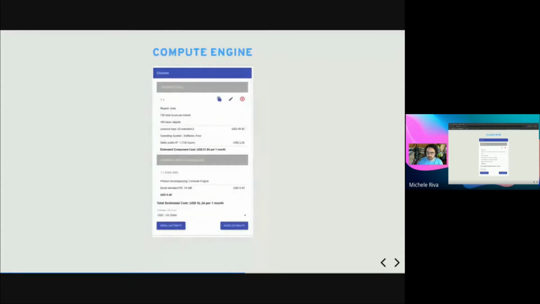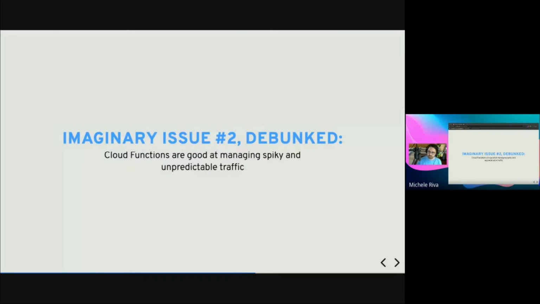And what if we go on Compute Engine? We could use one of the cheapest machines we find, and we end up paying only $52 per month. And we would be able to serve the exact amount of requests thanks to the configuration of the machine we are looking at. So issue number 2 is debunked.